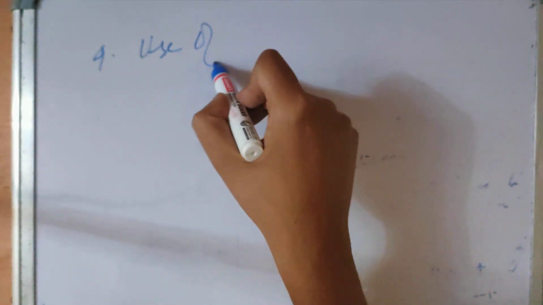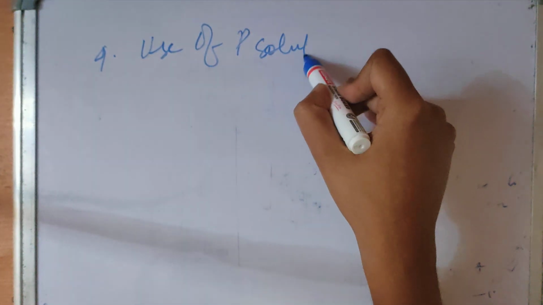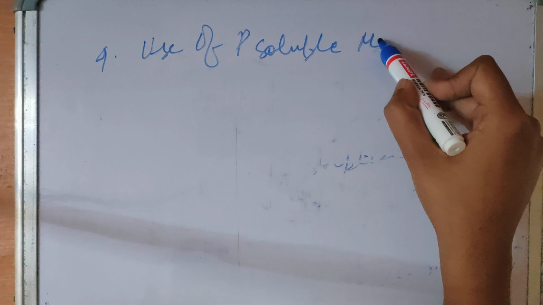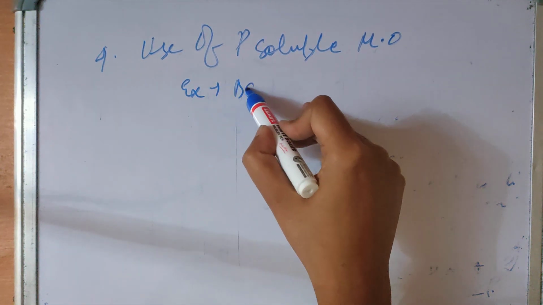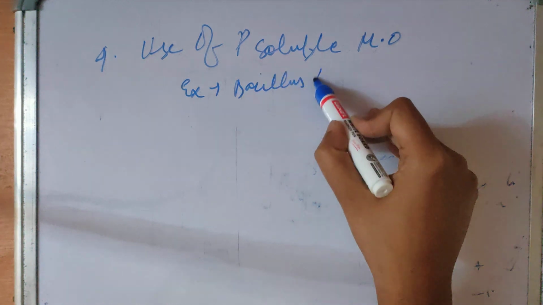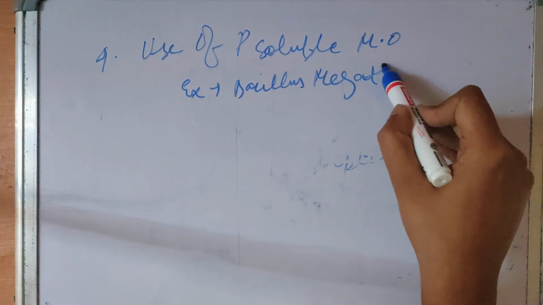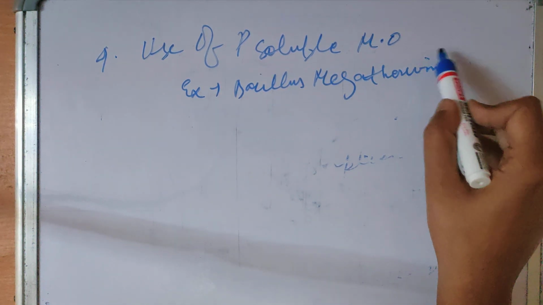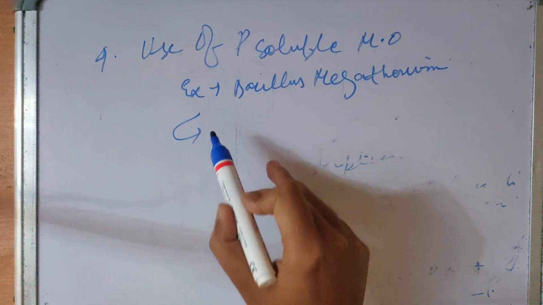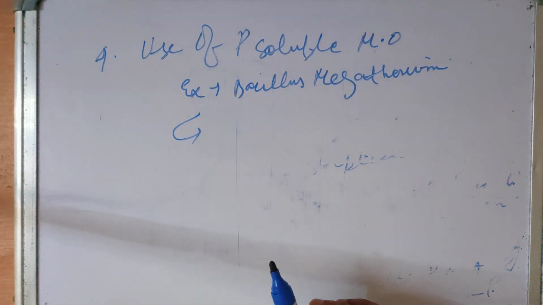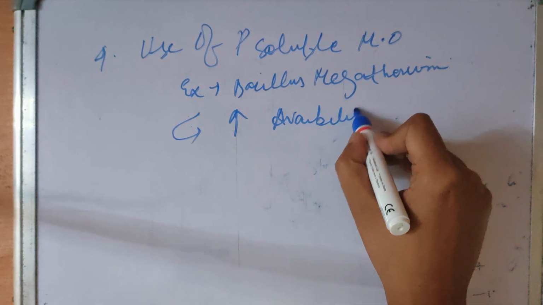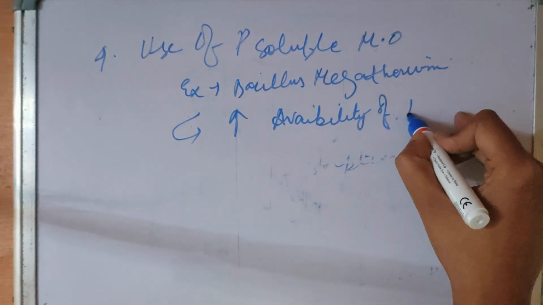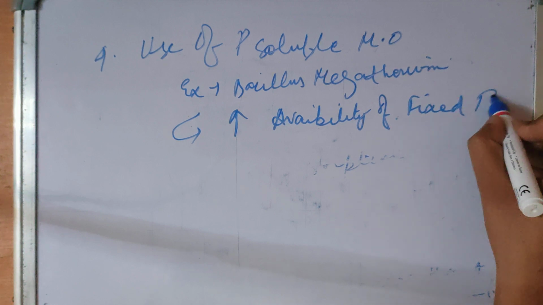Fourth is use of phosphorus soluble microorganism. Example, Bacillus megatherium. So what it does, it enhances the availability of fixed P, enhances availability of fixed phosphorus.